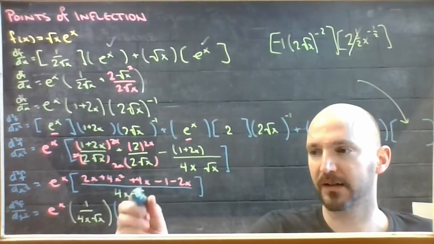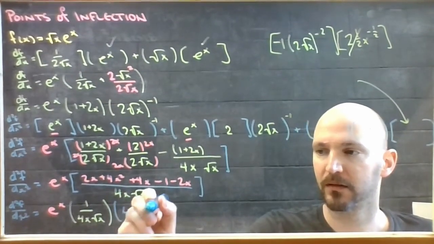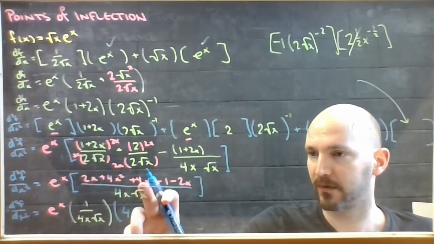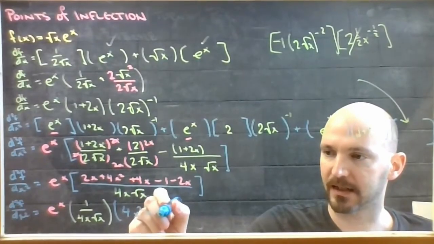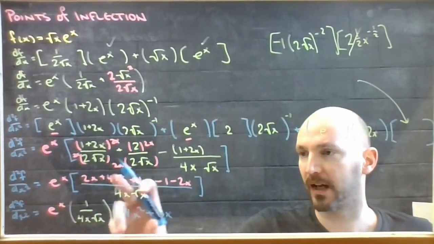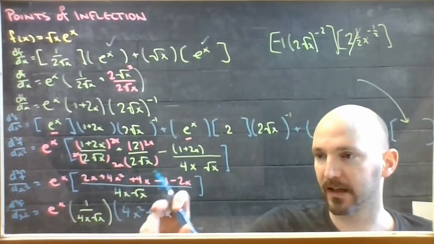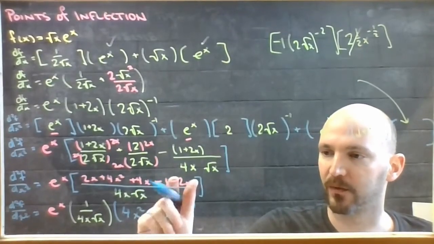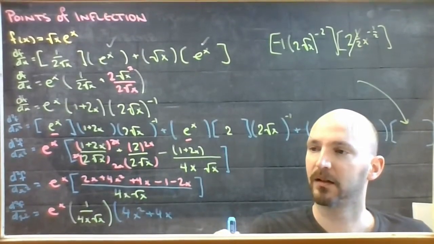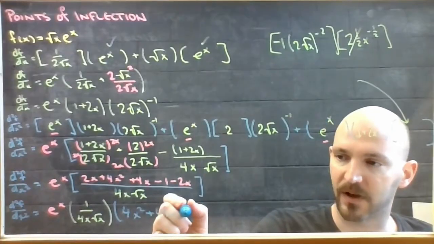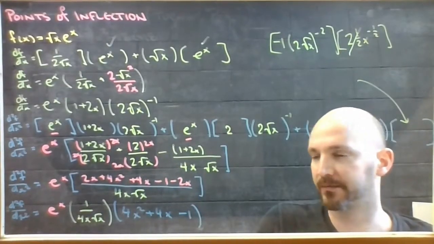I have a 4x squared. I have a 2x and a 4x, which is a 6x. Oh, I have a 2x, a 4x, and a negative 2x, which is 4x's. And I have a subtract 1, like that.